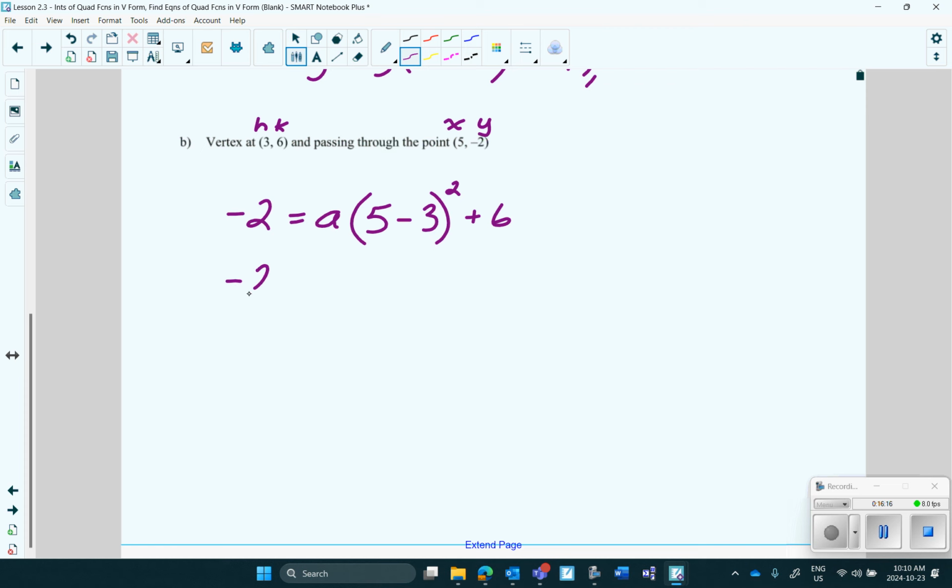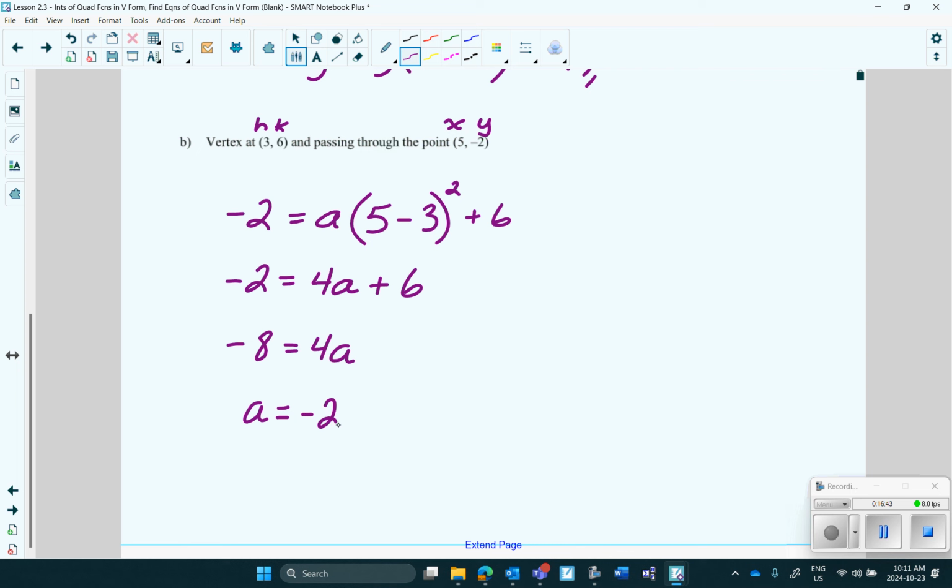So 5 minus 3 is 2, and 2 squared is 4. Well, this is the a, the unknown, right. Subtract 6 from both sides. So you're going to get -8 equals 4a. Divide both sides by 4, and you're going to get a equals -2.